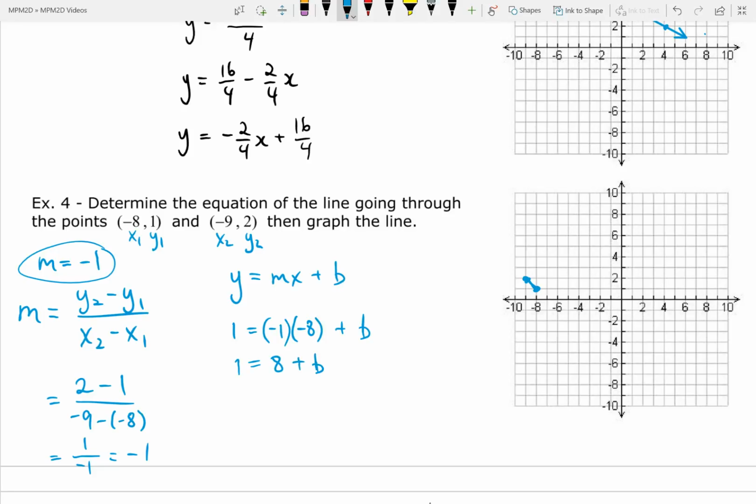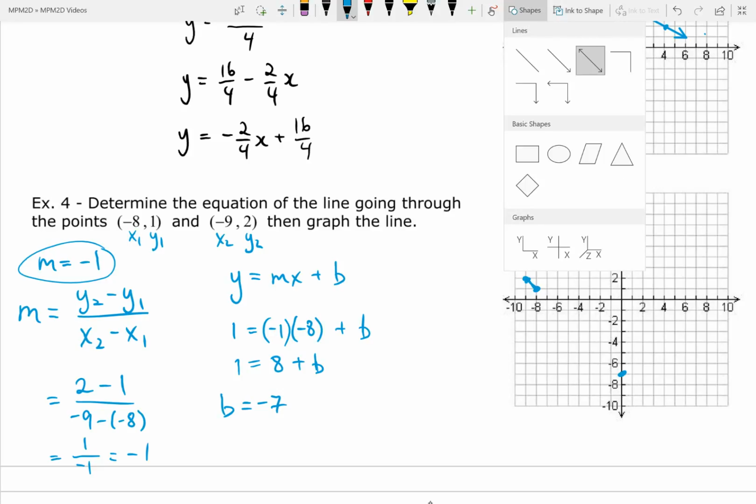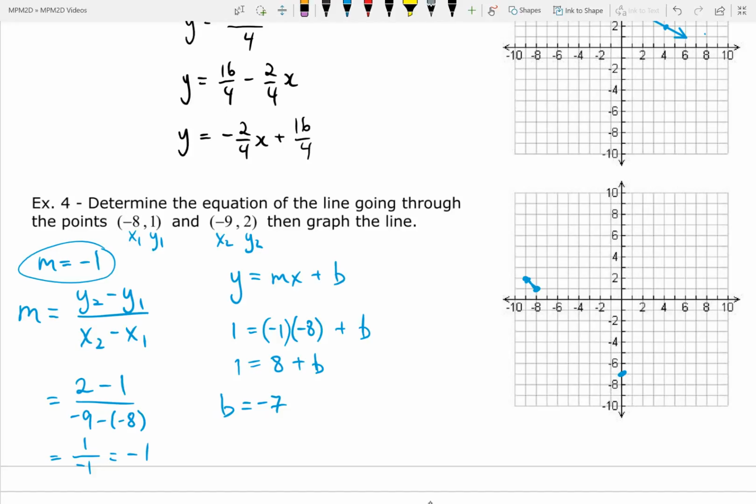And so what does b have to be? Well, I have to make b negative 7 for this to work, right? So b is equal to negative 7. So that 8 minus 7 equals 1. So in my grid, I plot negative 7. And then I can continue connecting my points to complete the equation of the line.